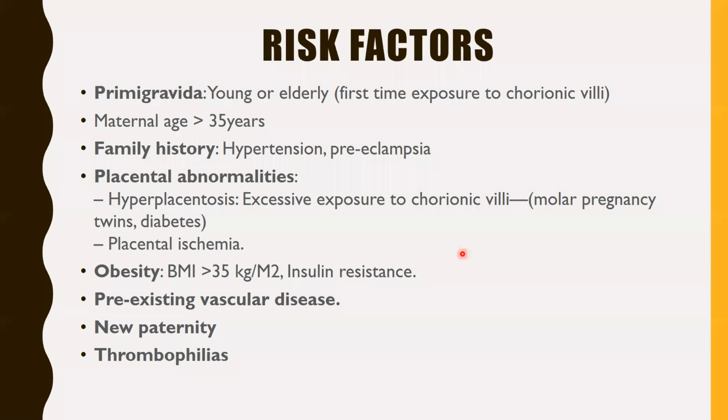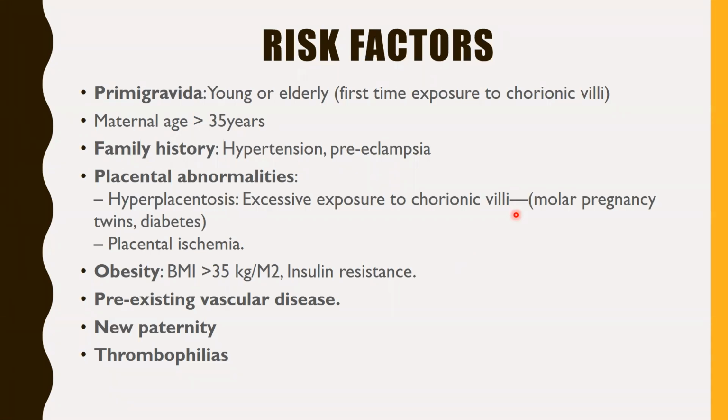It's common in people who are less than 20 years, and also in people who are more than 35 years old. Another risk factor is family history. If someone's relatives have had hypertension or preeclampsia before, they should also look out for that, as they might also have it.